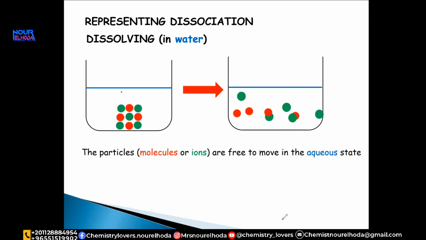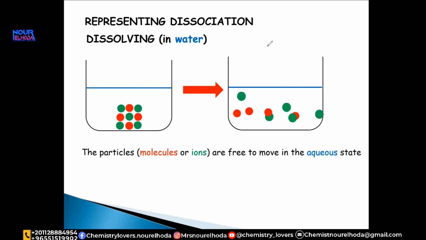So here the ions are connected to each other, held together. That's why they will never conduct. For them to conduct, you need to add water, so they are going to be aqueous. In this case, the ions are going to be free to move. Exactly. Correct, Ahmed. I hope this is clear.